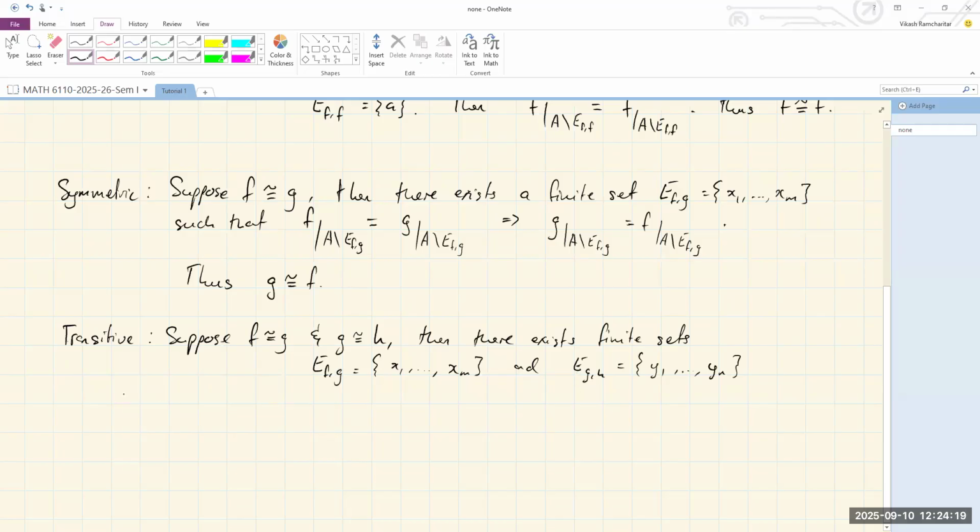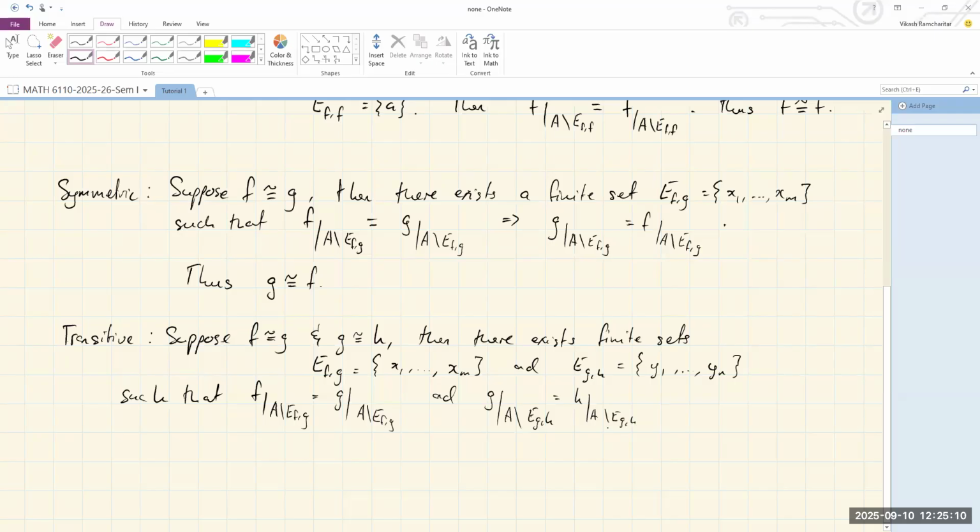Okay, so what's so special about these sets? There exist finite sets such that the function f, when restricted to its domain A minus E_FG, is equal to the function g when restricted to the set A without E_FG, and g when restricted to the set A without E_GH is equal to the function h when restricted to the set A without E_GH.